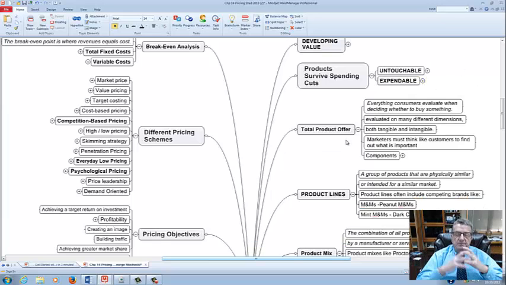Okay, now total product offering. This is where your pricing comes in. You have to always think, not just what I made. If I'm going to tell a customer the Apple iPad 4 is $600 or $400, the customer is buying this looking at the total value. What do I get?